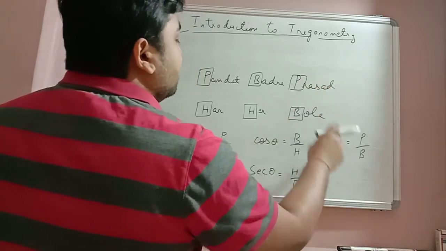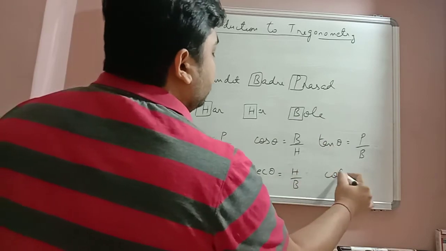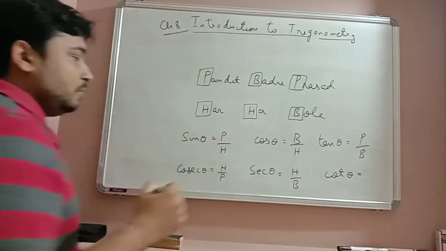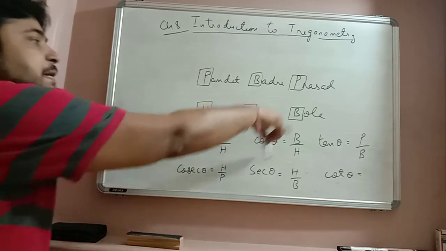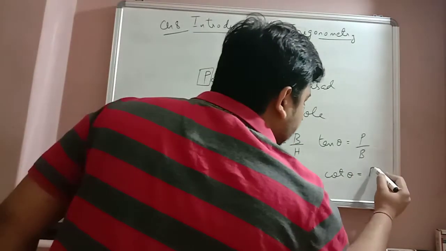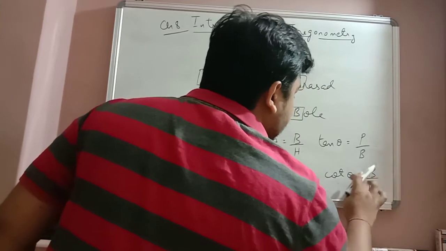And the reciprocal of tan theta is cot theta, which will be given by B by P, that is base upon perpendicular.